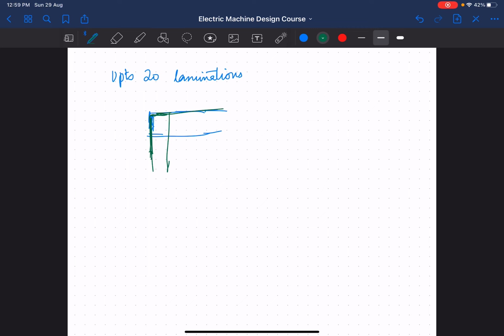What does this process do? This reduces the assembly time, and this minimizes the risk of imperfect interleaving.